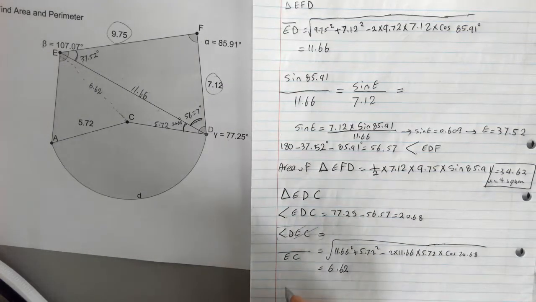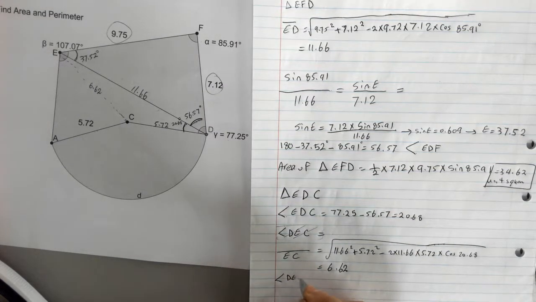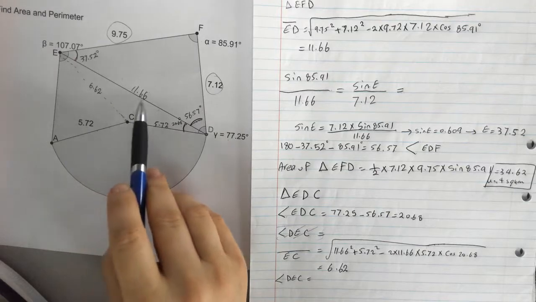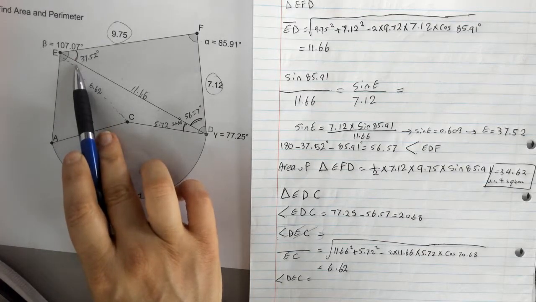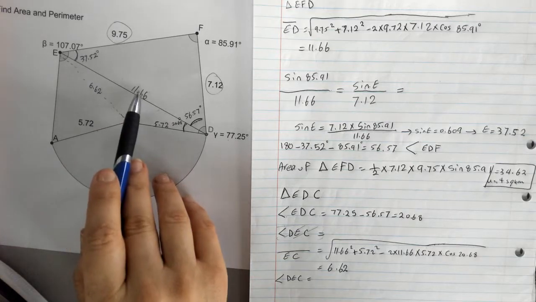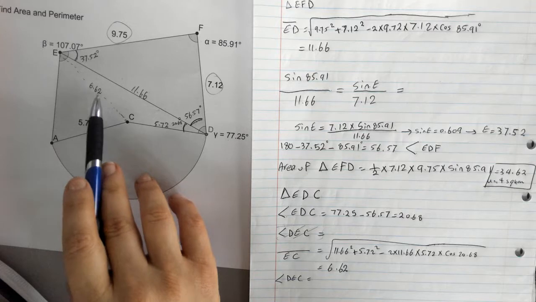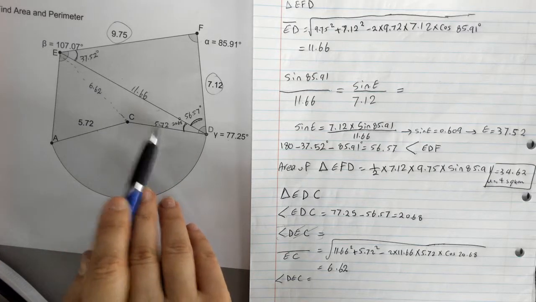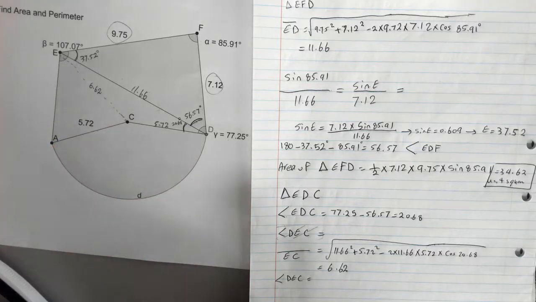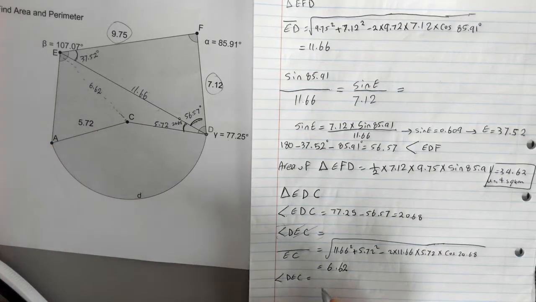Now I can find the angle DEC, because I've got three sides and an angle is missing, so I can use the cosine rule for that. Or you can use the sine rule, because you've got this side and the opposite angle, and this opposite side for the angle that's been given. So I will use the sine rule.